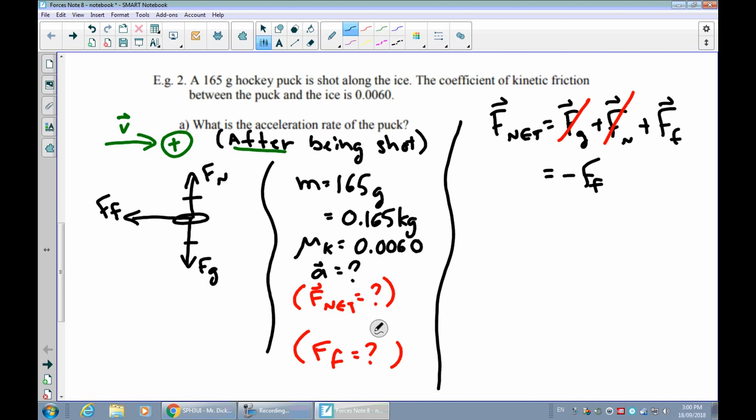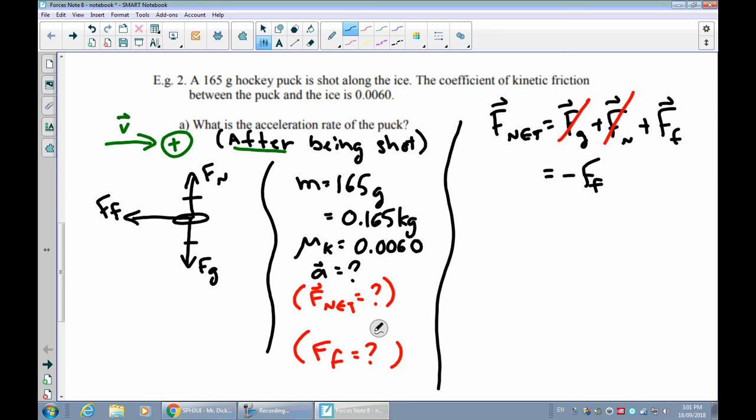Because I know that whatever direction I think the friction is, it at least is going in the opposite direction to positive. So we didn't really map this out in terms of north, south, east, or west, or anything like that. But we said that one direction, the forwards direction where the puck is actually going, is the positive direction. So anything back in the other way is a negative force. So the net force will be the negative of however much frictional force there is.